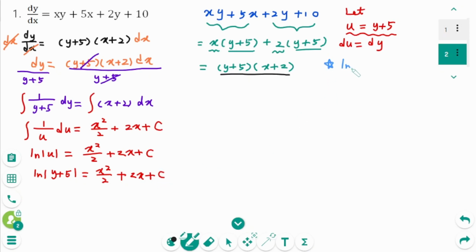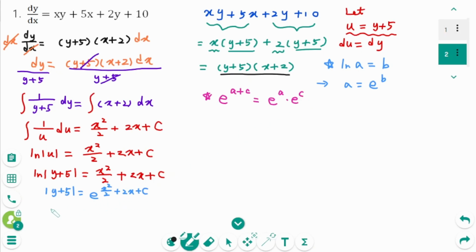If we change ln a is b to exponential form, we get a equals e to the power of b. So ln a equals b, then we can rewrite as a part equals e to the power of b part, x squared over 2 plus 2x plus c, and use the formula e to the power of a plus c equals e to the power of a times e to the power of c.